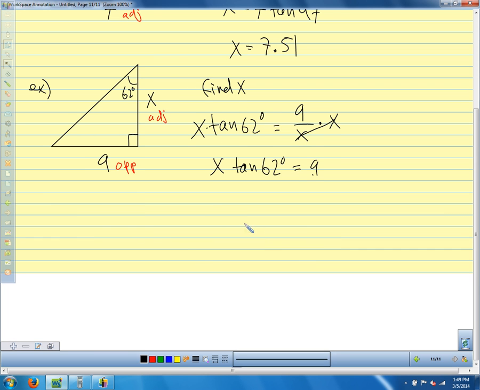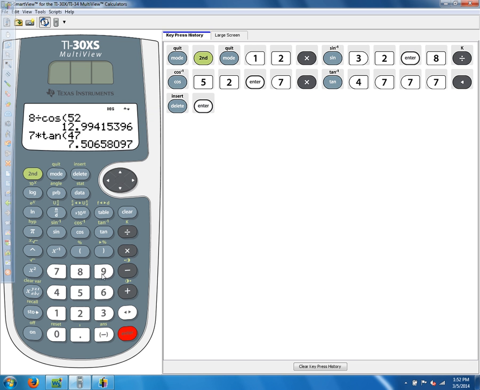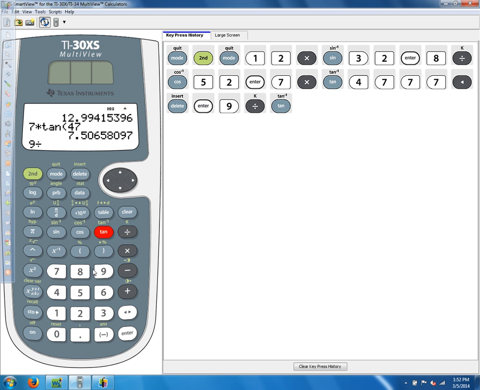To get x by itself now, to solve for x, this is just a number. So I can divide by that number. That just gives me 1. So I get x equals 9 divided by tangent 62 degrees. Go to my calculator. 9 divided by tangent 62. And I get about 4.79.